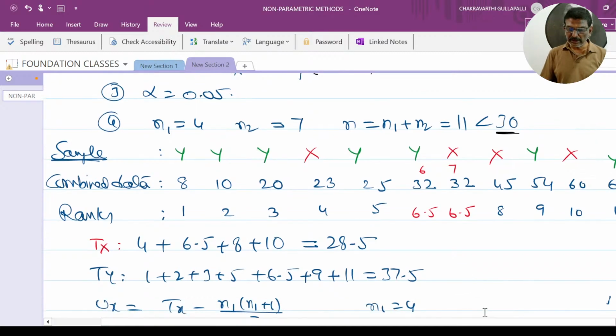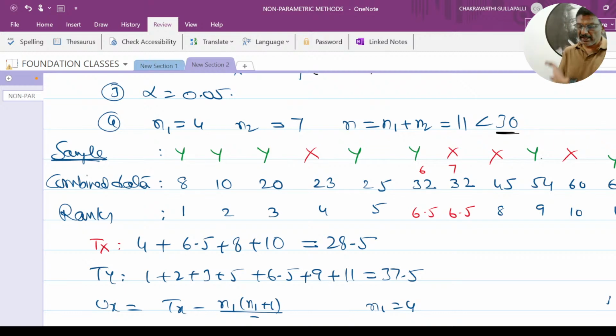Now the data is combined; identify which variable each observation belongs to. 8 is from Y, 10 from Y, 20 from Y, 23 from X, 25 belongs to Y, 32 is Y, the other 32 is X, 45 is X, like this.